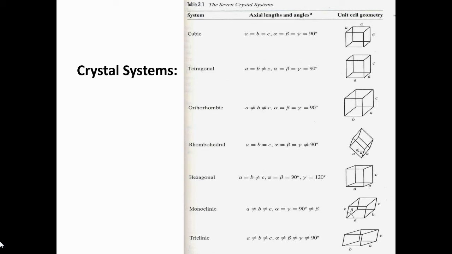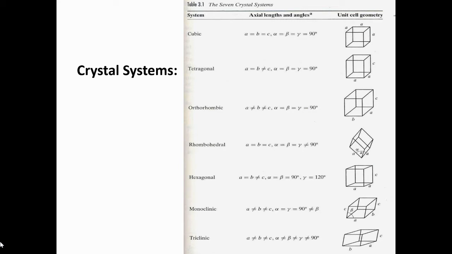On the basis of the lattice parameters, there are 7 different possible combinations of a, b and c, and likewise alpha, beta and gamma, each of which represents a distinct crystal system.